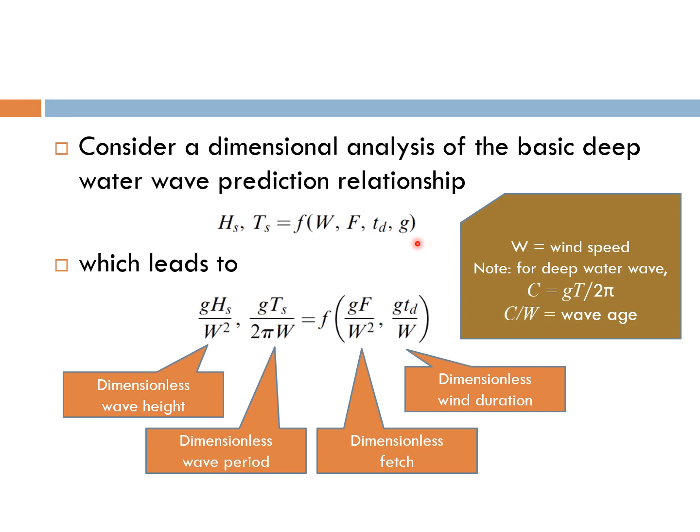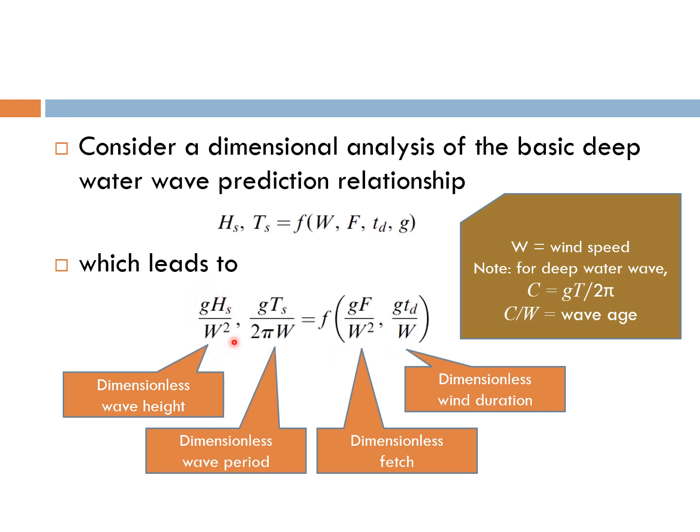So if we develop the non-dimensional terms from this correlation, we get these expressions here, which tell us that the dimensionless wave height and the dimensionless wave period is a function of the dimensionless fetch and the dimensionless wind duration. So what are these? Basically, instead of relating the individual variables, now we are relating them using the dimensionless terms.